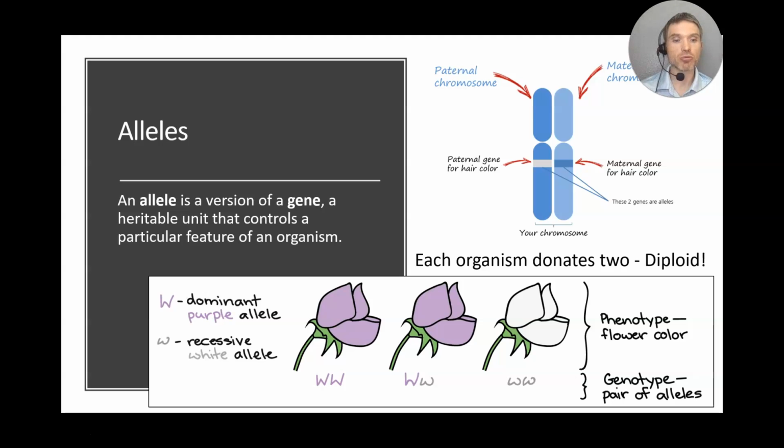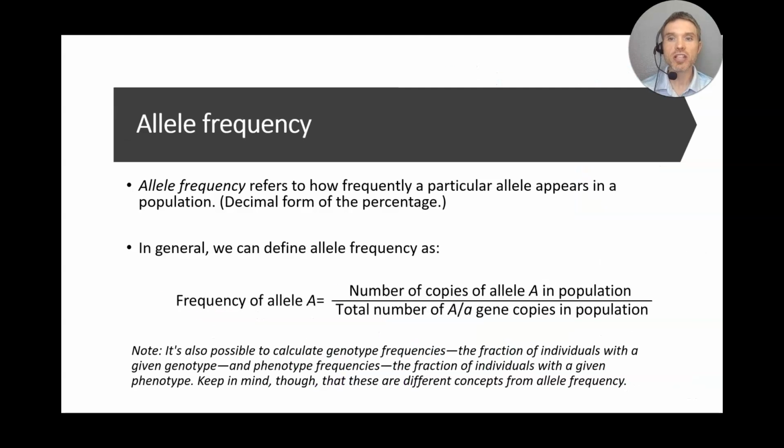If they are homozygous recessive, small w, it will result in a white flower. If they are what we call heterozygote, a big W and a small w, they are also purple in color because the dominant allele, the big W, is able to mask the smaller w for white. So make sure we understand the difference: phenotype is what we see and genotype is what the actual genes are.